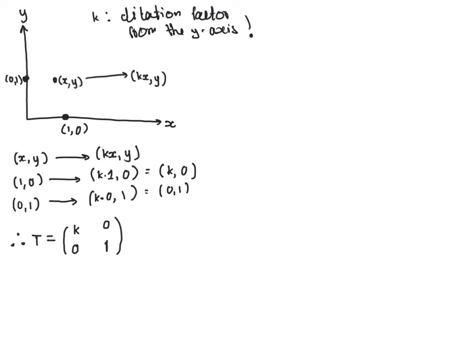But this is only when we transform the unit vectors in the x and y direction. Now, how do we apply this to the general x and y? It's not quite straightforward. Let's say we have the point x, y in vector form.